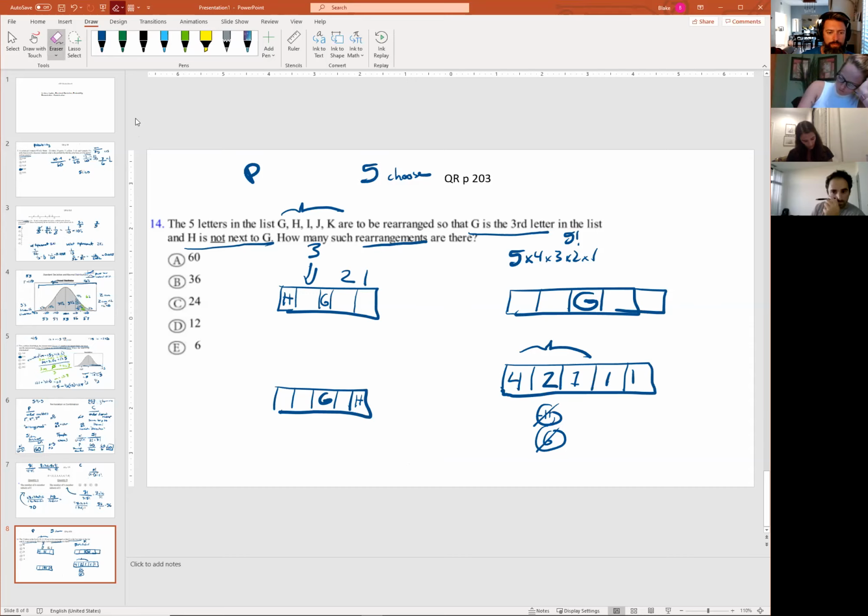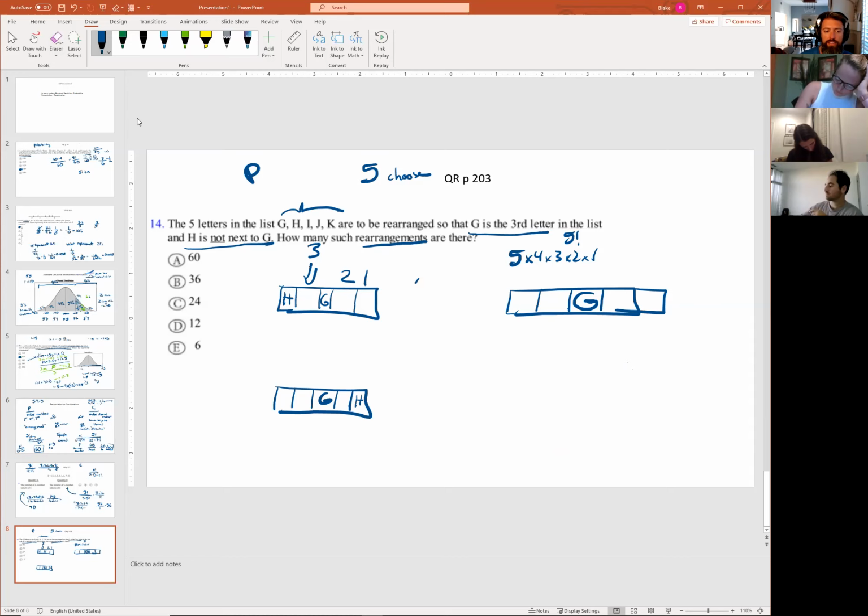And then if we use that up, then we're down to 2 possibilities here and 1 possibility here. So we have 3 times 2 times 1. So that gives us 6 possibilities if H is first. Okay, now we're going to do the same thing here. How many possibilities can go in here? Well, we have G and H already set, so we have 3. And then we can do 2 spots here.